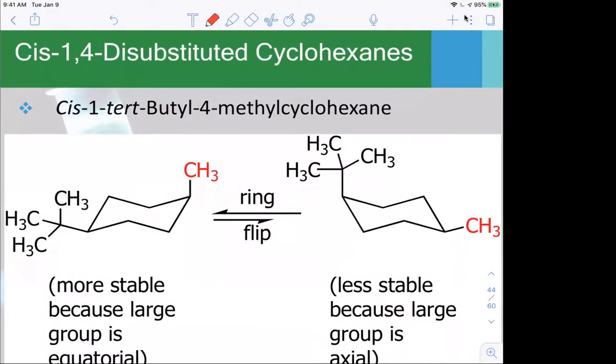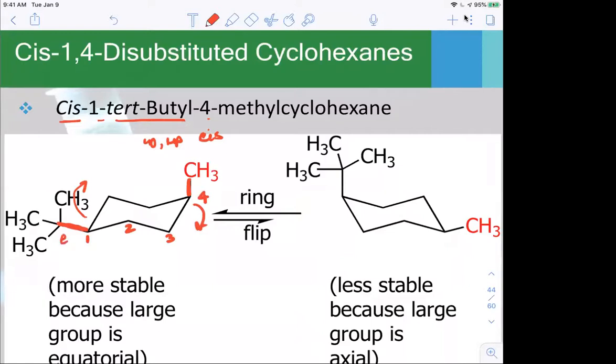Here I have an example of that, where one of the groups is larger. Here I have cis 1-tert-butyl 4-methyl. So this is going to be 1, 2, 3, 4. It's cis. This is equatorial up. This is axial up. So that's up, up, which is cis. When I ring flip, this comes up, that goes down.